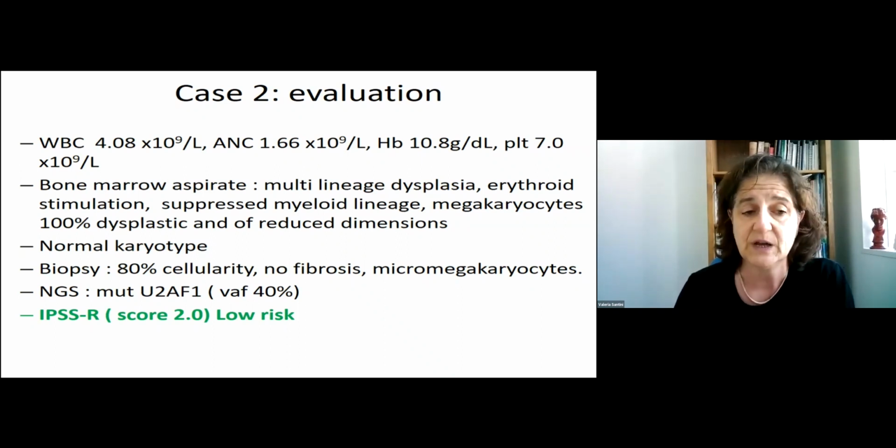No stimulation, normal karyotype, no fibrosis at biopsy, but presence of several micromegakaryocytes. The patient shows a mutation of the U2AF1 gene with a variant allele frequency of 40%. His IPSS score is 2, low risk MDS.